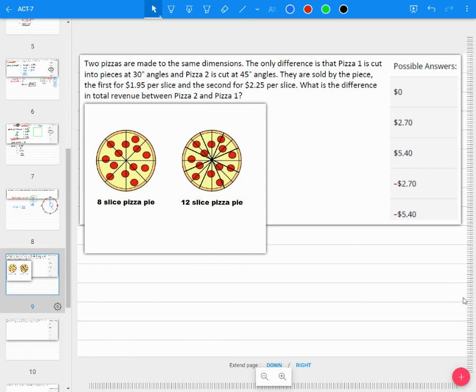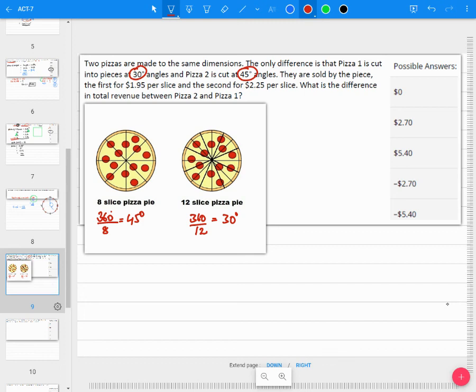Okay, so here is an 8-slice pizza. As I mentioned before, if you take 360 degrees divided by 8, you get 45 degrees, whereas 360 divided by 12 slices gives you 30 degrees. So 45 degrees and 30 degrees are given.